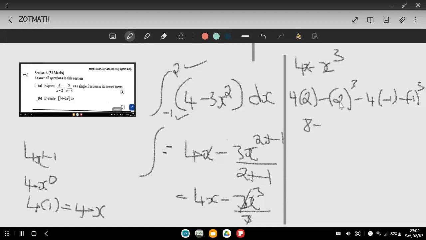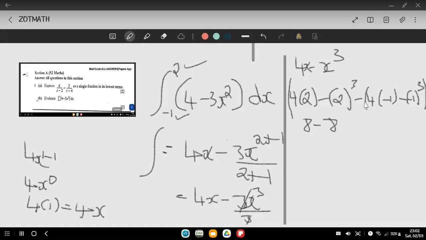So 2 raised to the power 3 is 8, and 8 minus 8, you already know we are getting 0 there. This minus is exclusive of this, so if you want, you can add additional brackets here.